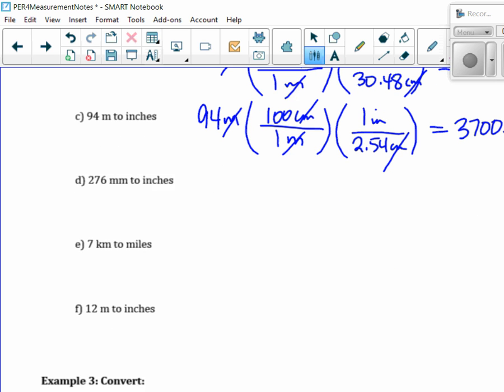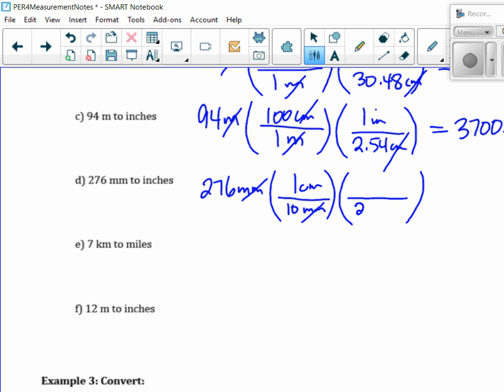276 millimeters to inches. Well, I don't have a direct conversion. I have centimeters. So the first thing I need to do is change the millimeters to centimeters. So 1 centimeter is 10 millimeters. So now it's in centimeters. Now I convert the centimeters to inches. So 2.54 centimeters is 1 inch.